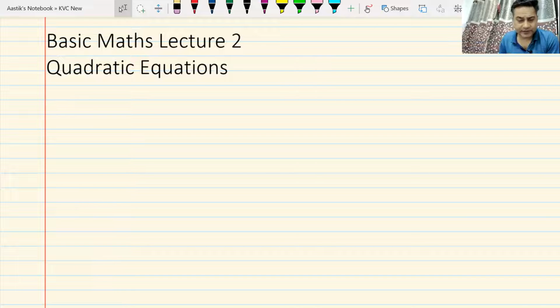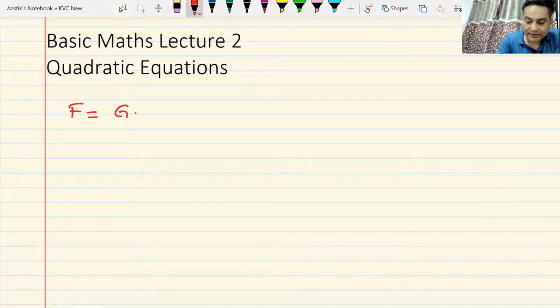As I told you in the previous class, mathematics is the language of physics. If physics has to talk, it can only talk in the language of mathematics. We saw an example as well. This was the universal law of gravitation.